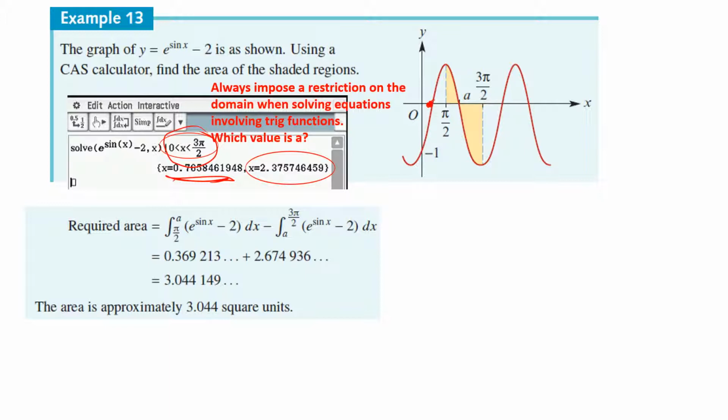Now, in fact, there is no exact answer. Even if you set your calculator to the right setting, there is no exact answer. It can only approximate. It's a numerical approximation for a solution. Now, hopefully some of you in the crowd will be looking at that and thinking, why bother even finding a? What about that old technique of taking the modulus of the function and simply integrating over the interval pi on 2 to 3 pi on 2?